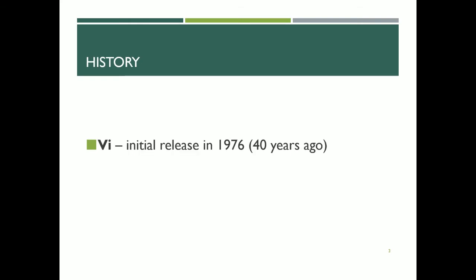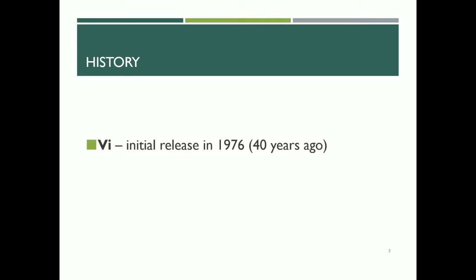So the history of Vim. Before Vim, we had a project called VI. It was initially released in 1976, and it's almost 40 years ago. VI stood for Visual, as in whatever you type, you see, so its name was derived from there.